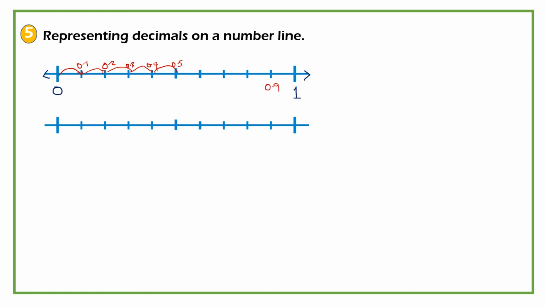But if then we have got 0, and this is 0.1, what happens then? So it actually means that this will be 0.01.